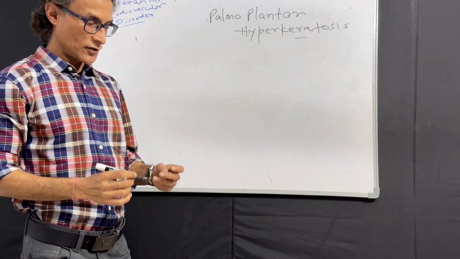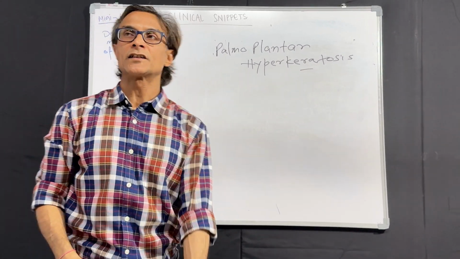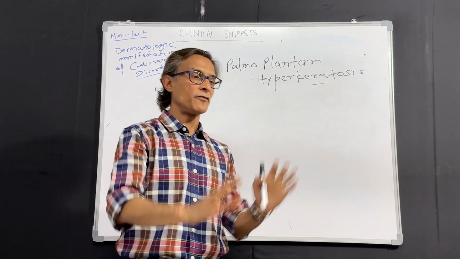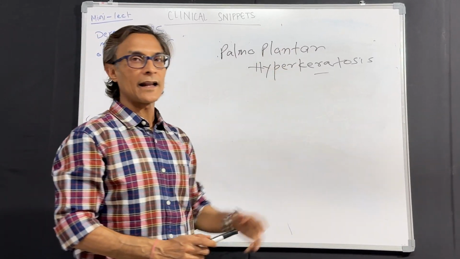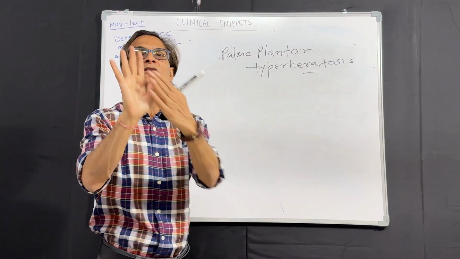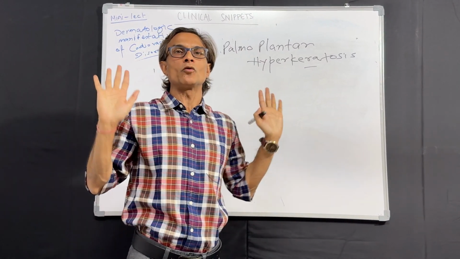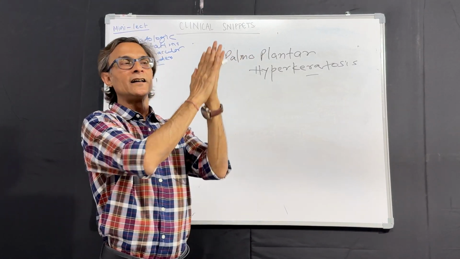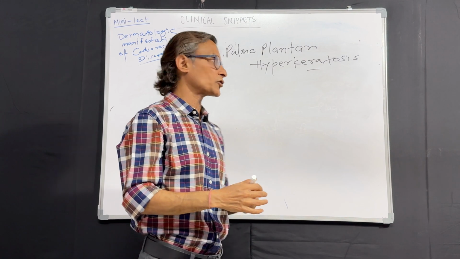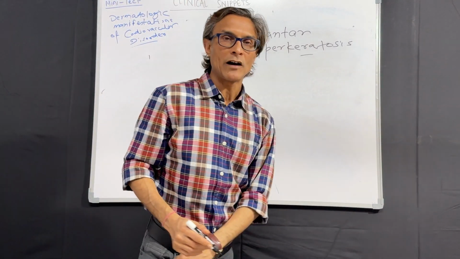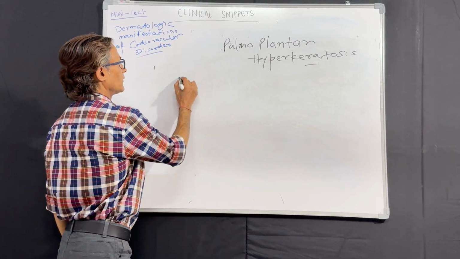Palmoplantar hyperkeratosis. In these patients, the palms and soles show extreme hyperkeratotic thickening of the skin. Look at the ragged, thick skin in the palms and soles. This is known as palmoplantar hyperkeratosis. And if this is present, what are the cardiac anomalies?